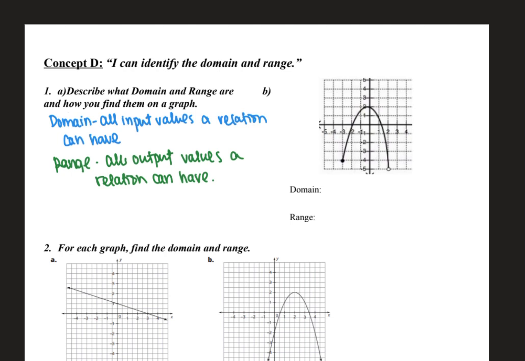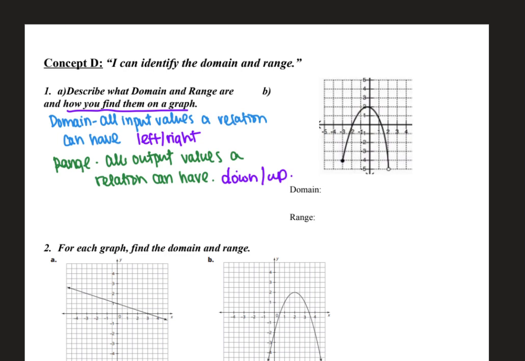In terms of how we find them, for domain, we're going to look left and right. For range, we're going to look down and up. So we're going to find the lowest point and the highest point for range, and the leftmost point and the rightmost point for domain.